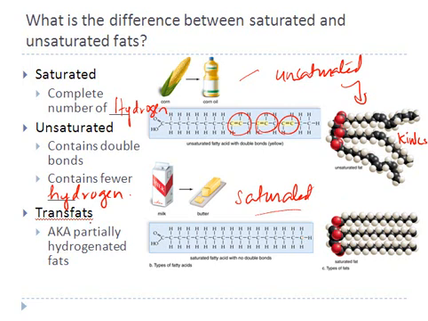Another kind of fat that we hear a lot about these days is the term trans fat. Trans fats are as bad as saturated fat because they're partially hydrogenated fat, and when you treat unsaturated fat in this particular manner, it results in trans fat. The trans fat you might be familiar with is margarine, for example, and it's equally as bad as a saturated fat.